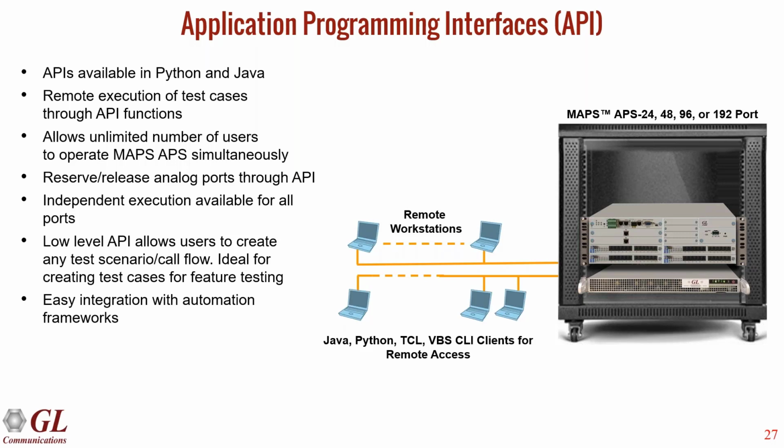You can start a call, stop a call, get all the test results, failed calls, successful calls, all of the results, everything you can do through the APIs as well. Full flexibility, any test scenario, call flow, all of the feature testing that Rob mentioned before, you can do it through these APIs and through these scripts. So yeah, this shows you the versatility and the power of this solution.